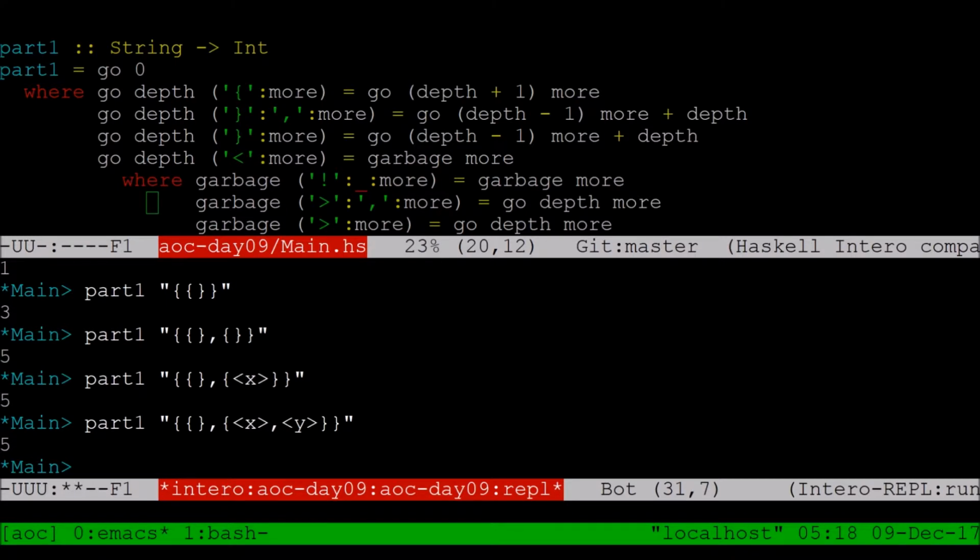Let's try the example input that they give us, a large one here. This should be sort of interesting, right? Copy. We get a score of 9. So that is correct.